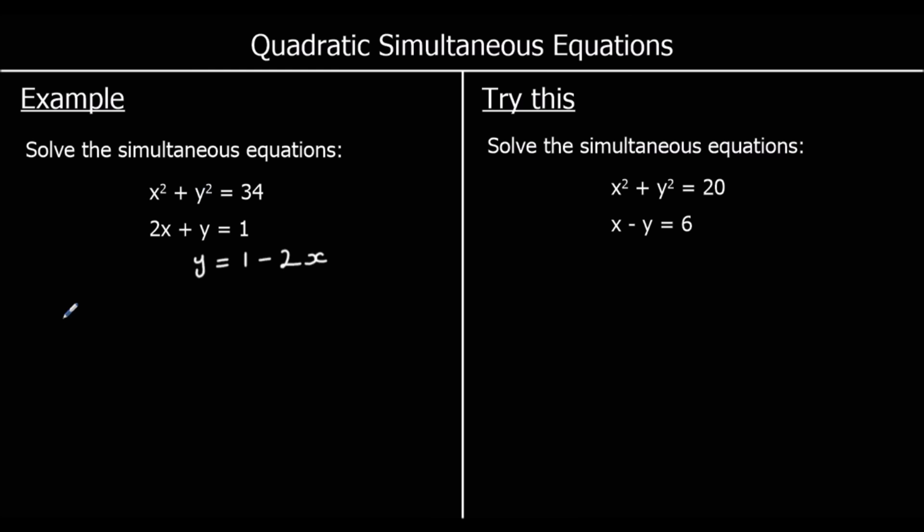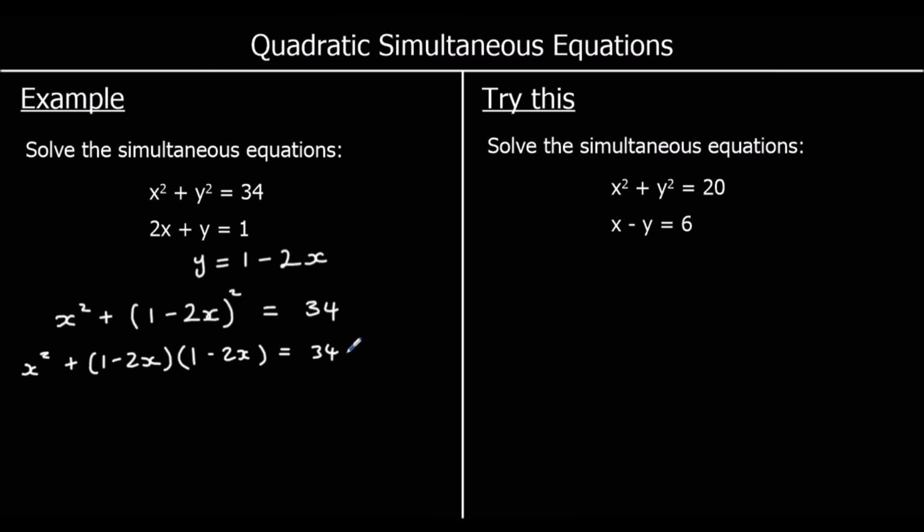So that will be x squared plus (1 minus 2x) squared equals 34. 1 minus 2x squared means 1 minus 2x times 1 minus 2x. And we write that as double brackets. So 1 minus 2x times 1 minus 2x.